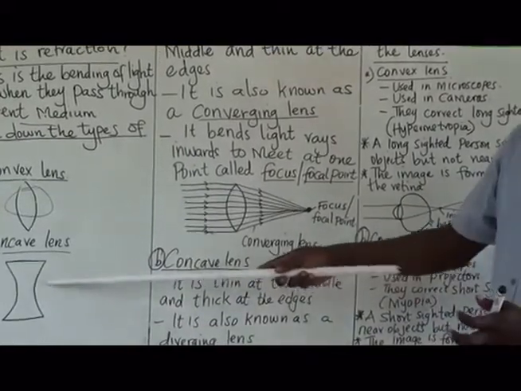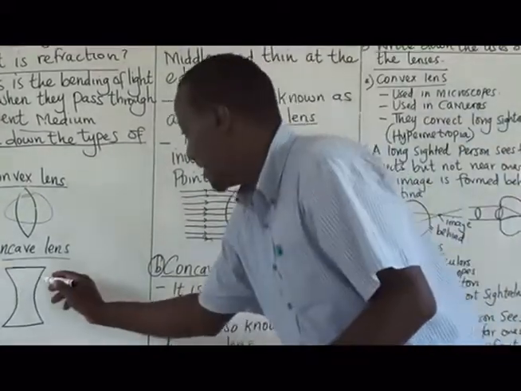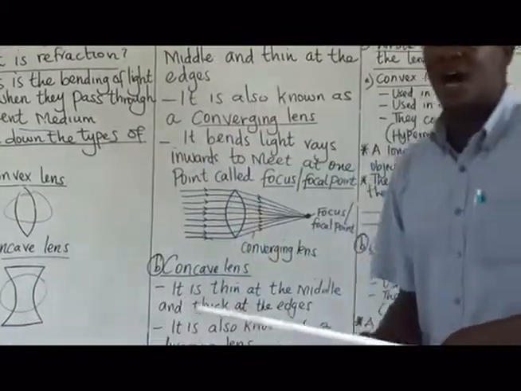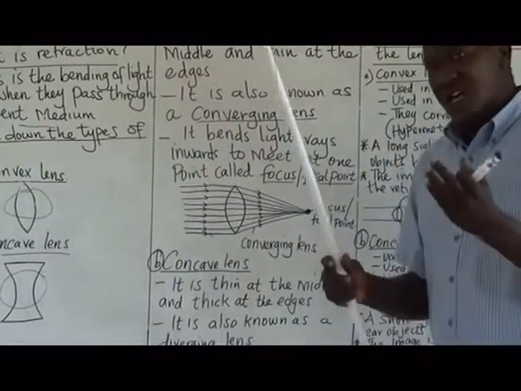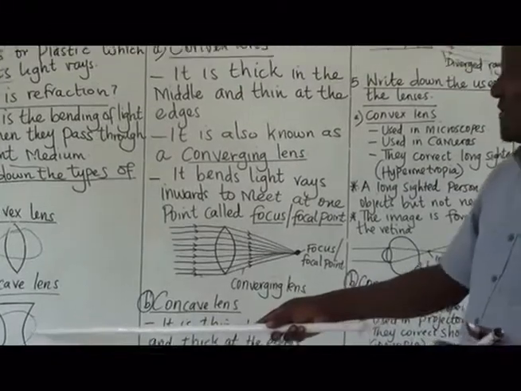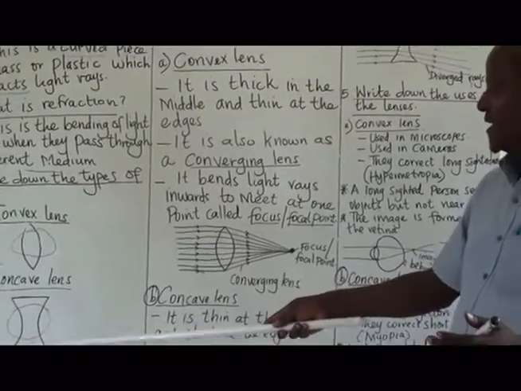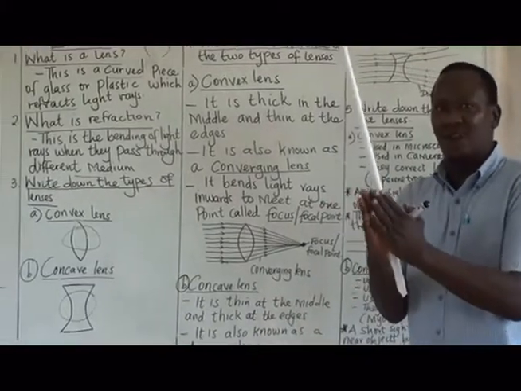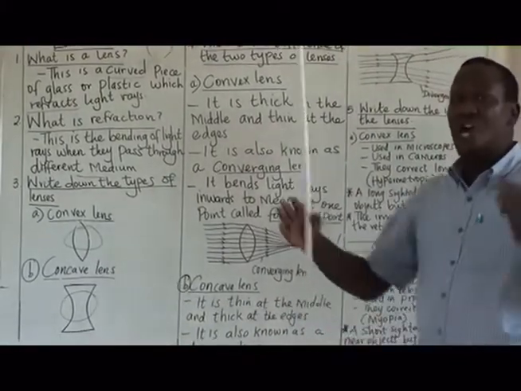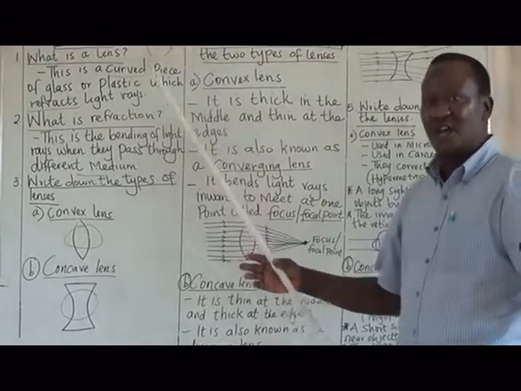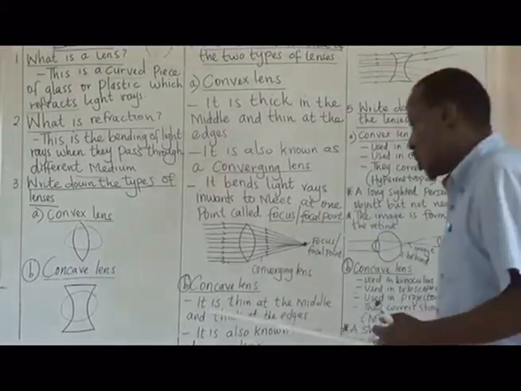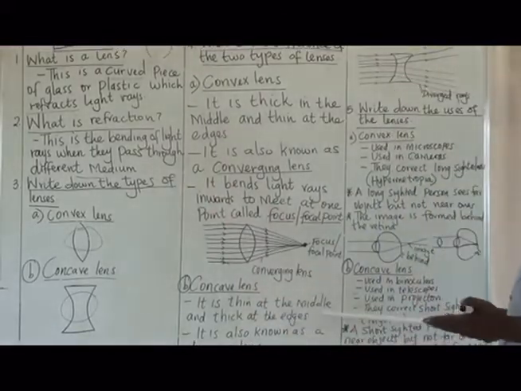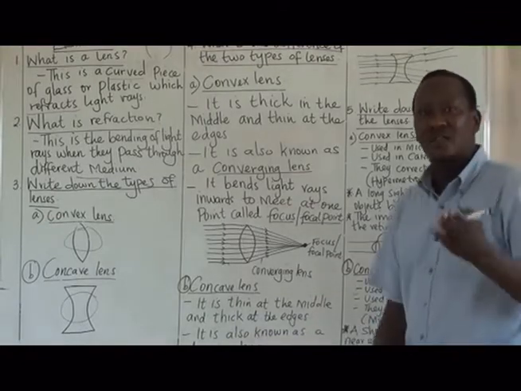If you compare the middle part with the edges, you'll see very well that the middle part is thinner while the edges of that lens are thicker. So that is why we say a concave lens is thin at the middle and thick at the edges.